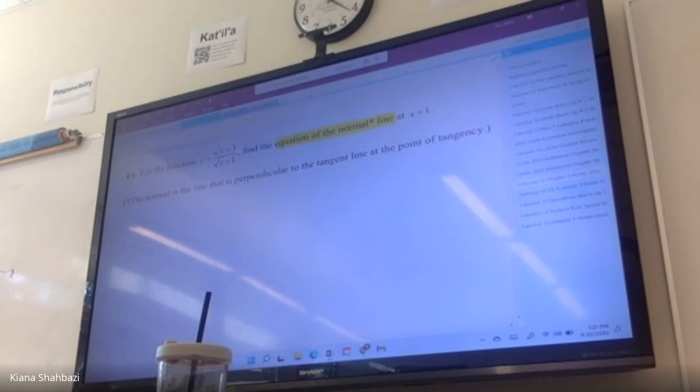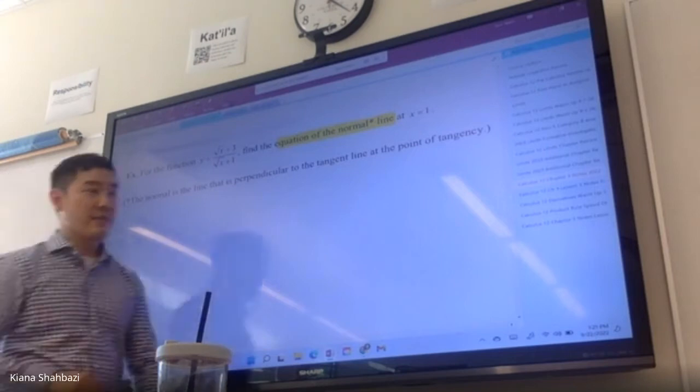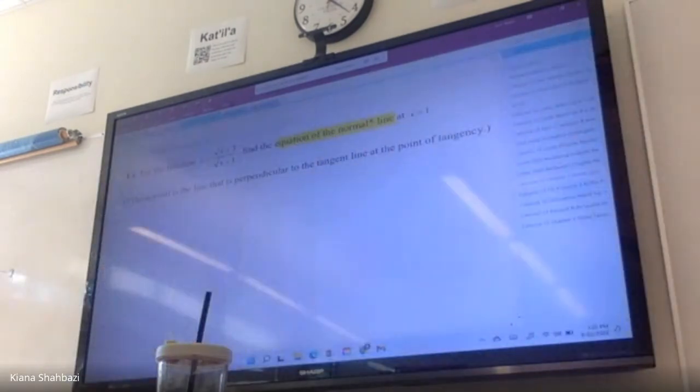I would say that the normal line question is like 98% the same thing as the tangent line, and you just need to flip your answer at the very end. Okay, so even though it says normal line, it's 98% the same thing as finding the tangent line. We'll fix that at the very end, because I feel like some students may not remember the perpendicular line.